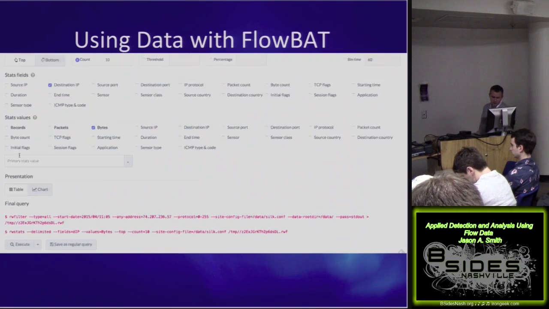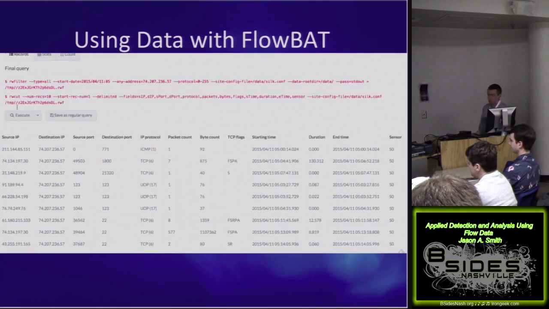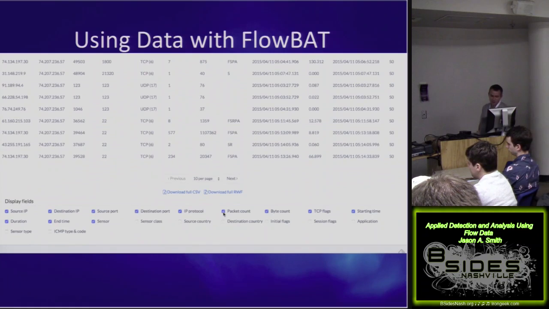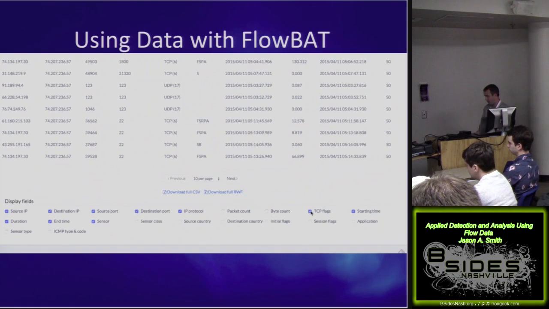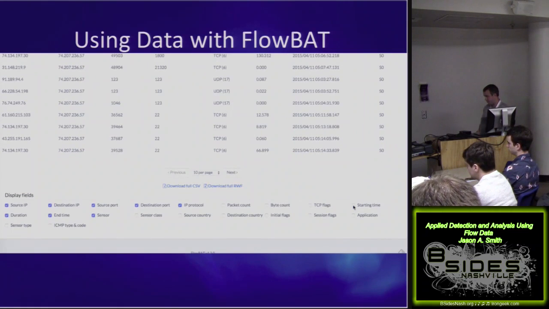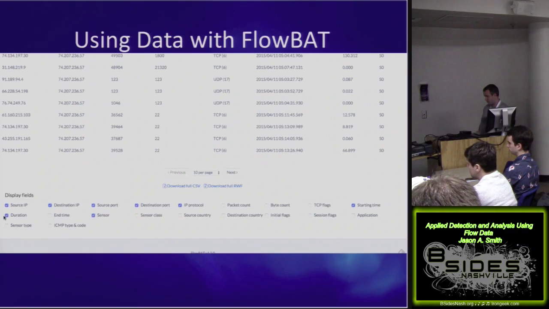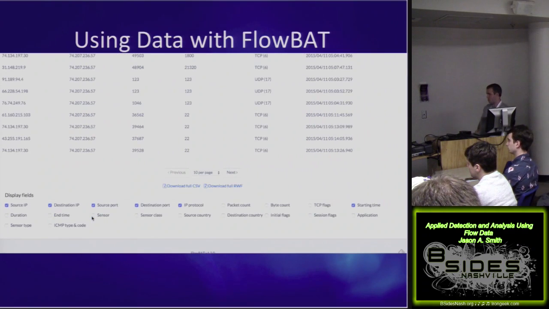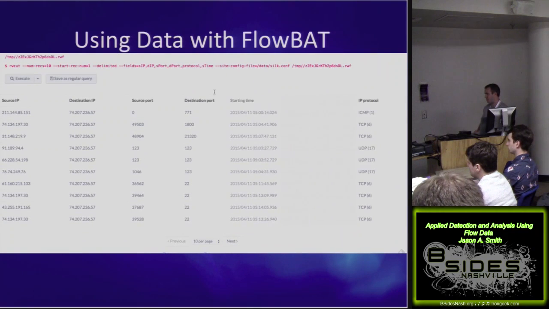You can also generate a table. Again, switching back to records, just the records. For the pivoting from this, let's sort it down first to just the 5 tuple. So now we have just source IP, dest IP, source port, dest port, protocol, as well as the starting time, but I like starting time at the beginning.